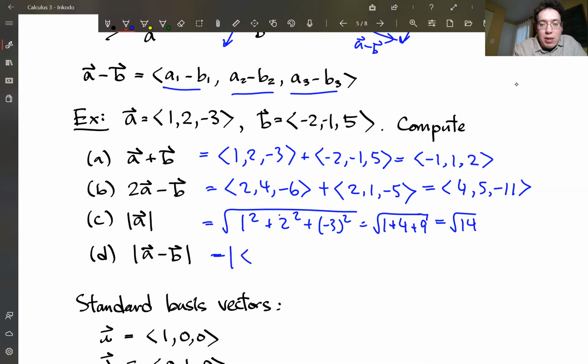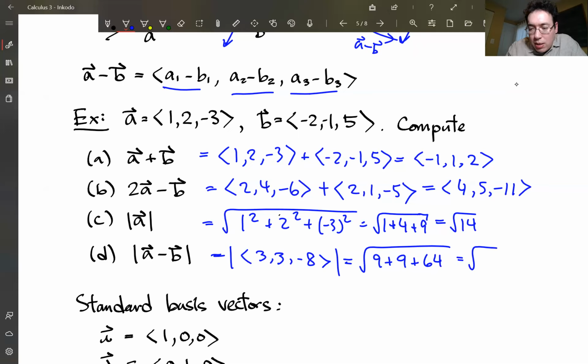So let's see, a minus b, so 1 minus negative 2 is 3. 2 minus negative 1 is 3. And negative 3 minus 5 is negative 8. And then we're taking the magnitude of that afterwards. So 3 squared plus 3 squared plus negative 8 squared. So it's 18 plus 64, something like that. Okay. Let's see.